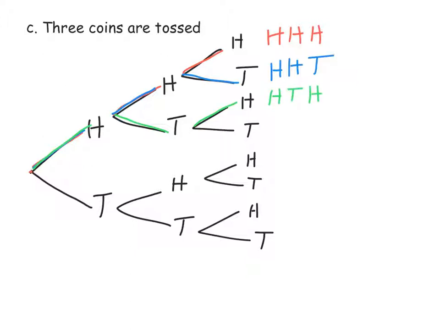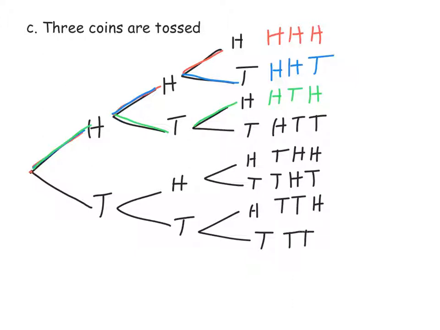You can follow each one of those paths, and you can kind of work your way down through the diagram. You certainly don't need to sketch over the path. That's not necessary. But I'll finish them off here with heads, tails, tails. Tails, heads, heads, tails, heads, tails, tails, tails, heads, tails, tails, tails.